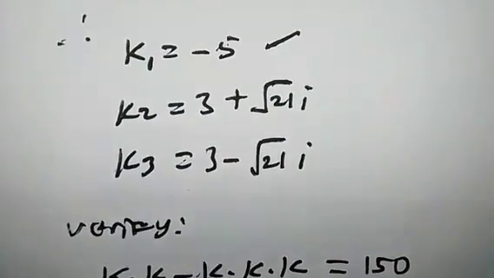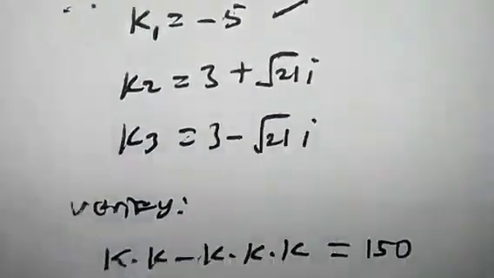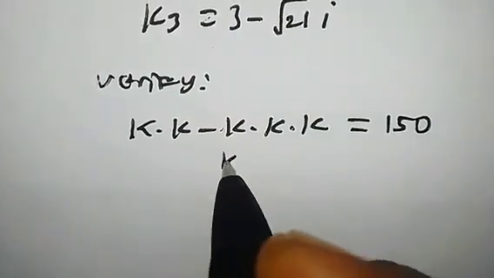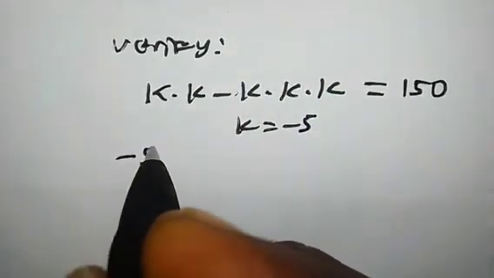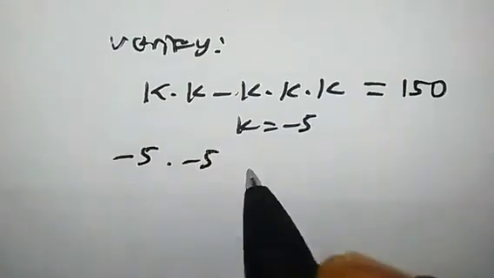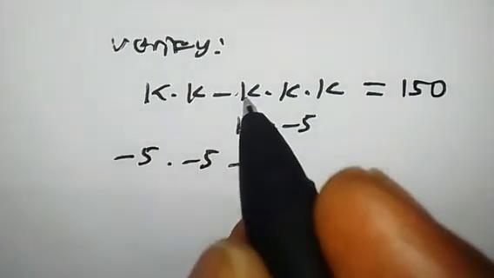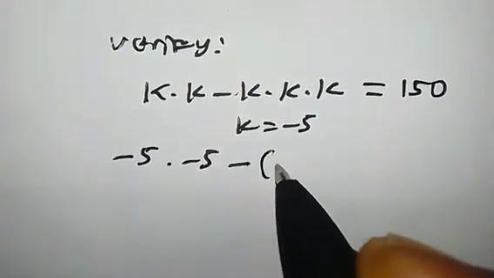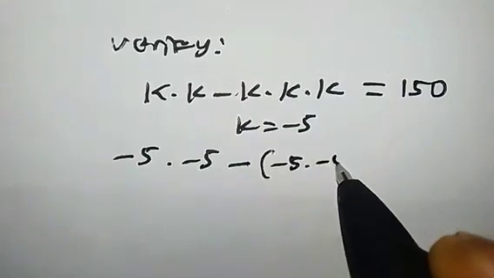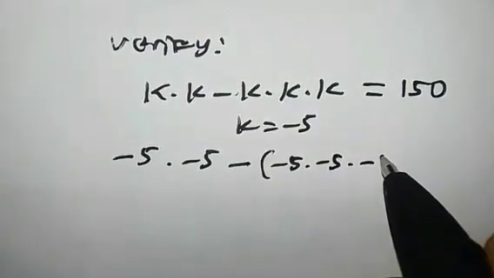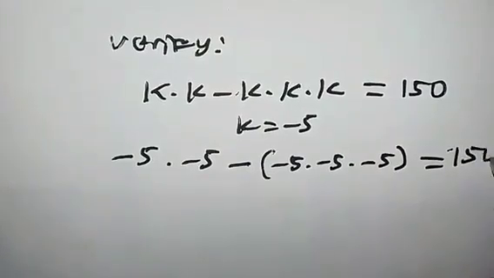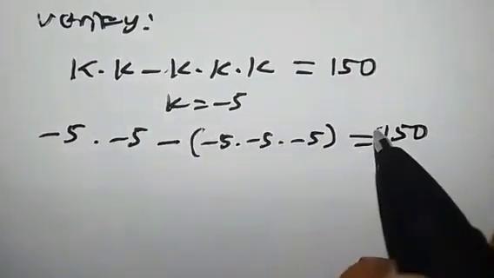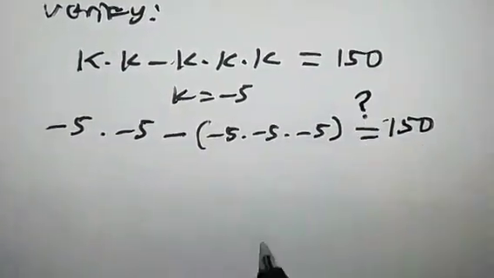So we have to verify the first solution, minus 5. So when k is equal to minus 5, plugging it here, we have minus 5 times minus 5 minus, let's just open brackets here, minus 5 times minus 5 times minus 5 equal to 150. This is our claim. Let's put a question mark.